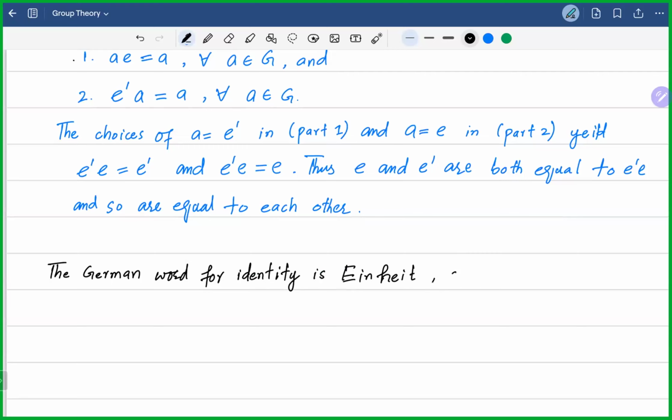So we denote the identity of a group by E.